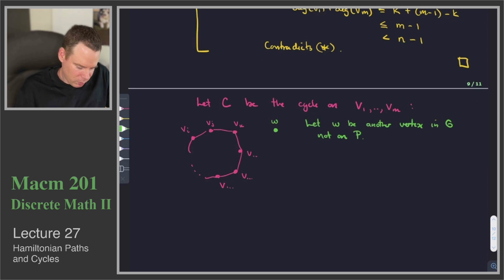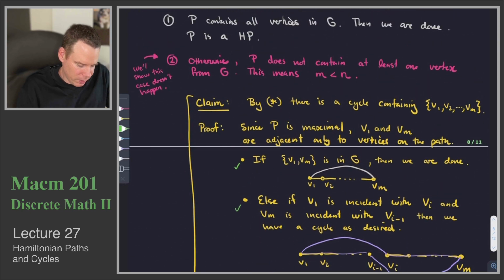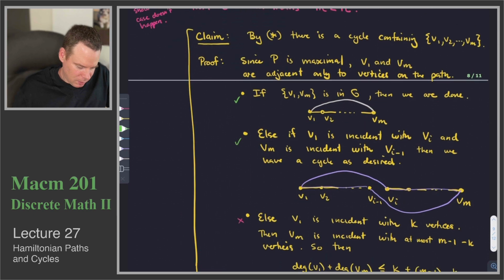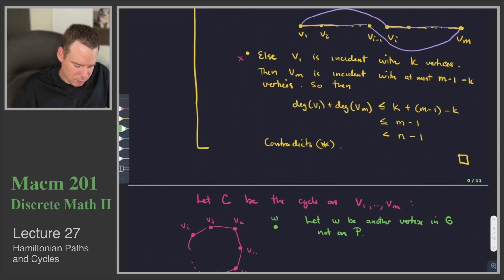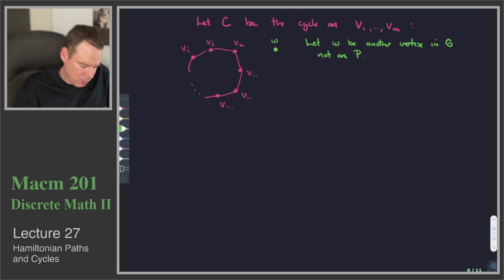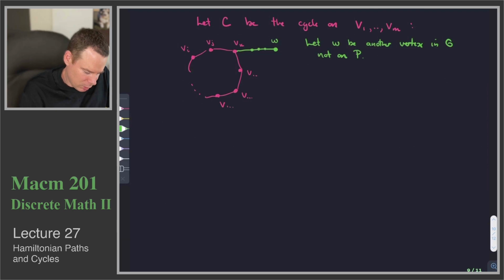Again, we are in this case, so I'm writing in red here because we are still in this case of otherwise. P does not contain at least one vertex from G. And we've shown that in this case, there must be a cycle. We've proven that, so there we've drawn out our cycle. Now we'll let W be a vertex that's not on that cycle. And so there must be an edge that connects to it. In fact, it could have a few vertices on it, but the point is there must be at least one edge.